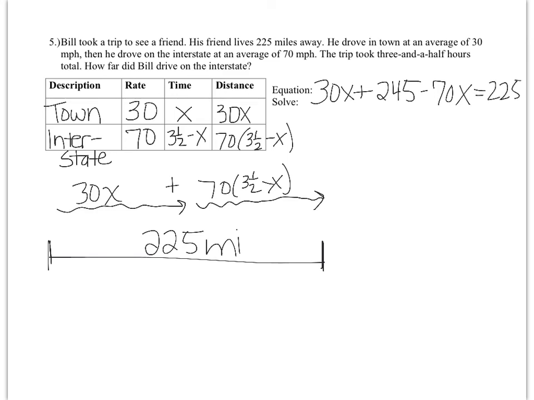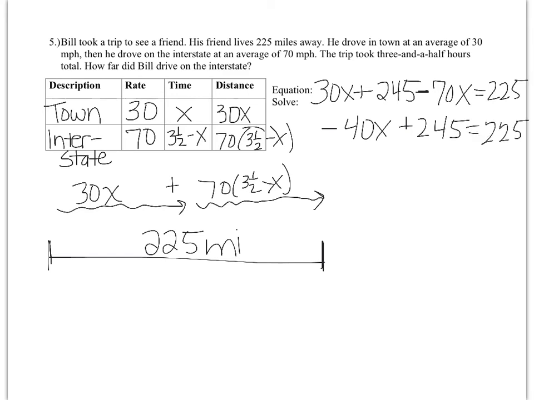And so all I did to get that last little bit is I just distribute the 70 to the 3.5 and the x. So now let's combine my like terms, and I'm going to get 30x minus 70x, which is going to give me negative 40x plus 245 equals 225.